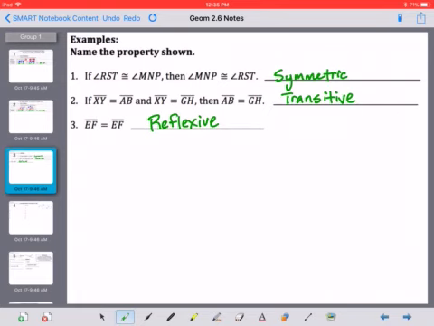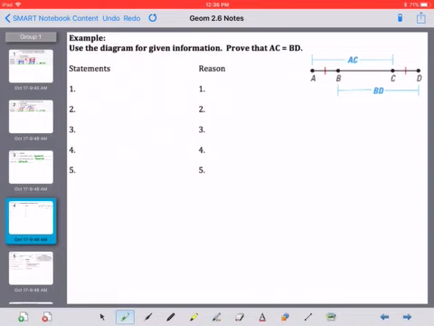So there's just a quick little use of those three properties. We're going to dive into proof writing right now. We actually had this example in section 2.5, but now we're going to write a formal proof to prove that segment AC is congruent to segment BD. So please go ahead and add those symbols onto the statement. Let's start.